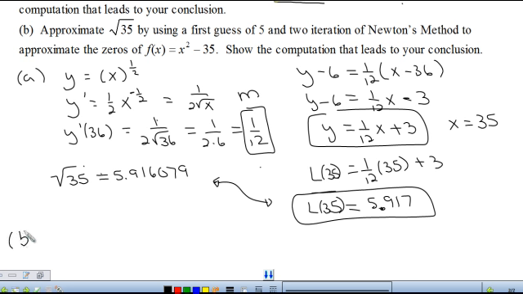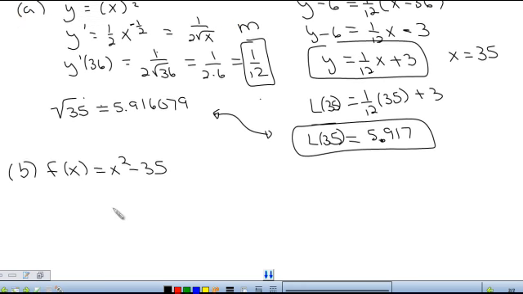The second way to do this is we're going to approximate the square root of 35 by using the first guess of 5 and two iterations of Newton's method to approximate the zeros of f of x equals x squared minus 35. So remember Newton's method: we need the derivative.